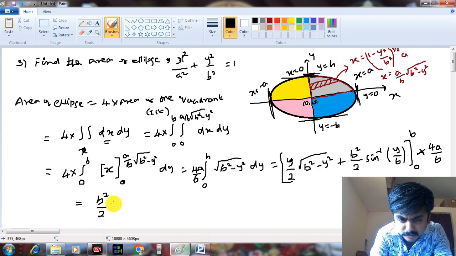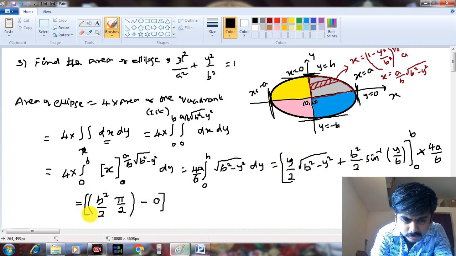Sin inverse of 1 is pi by 2. So b square by 2 into pi by 2, minus, if I substitute 0, everything will become 0, because sin inverse of 0 is 0.